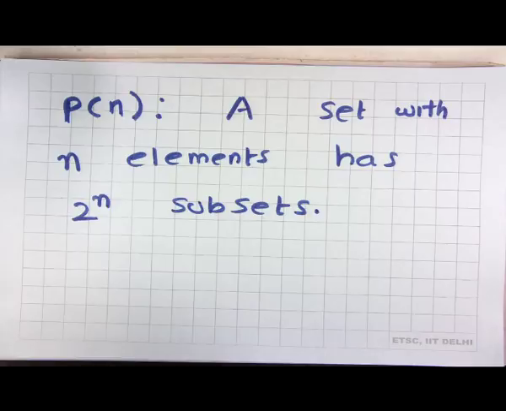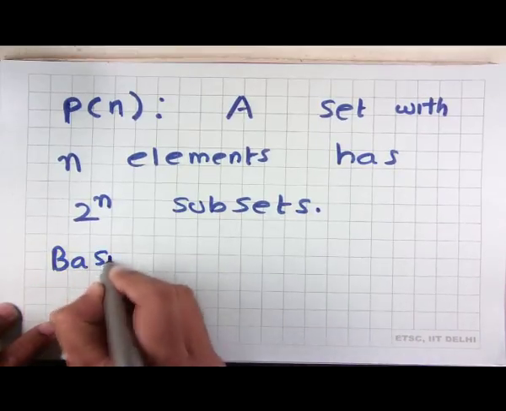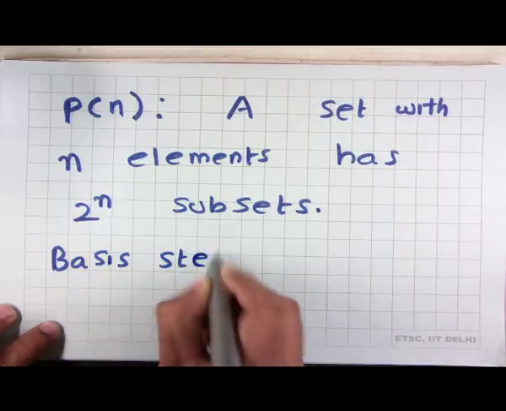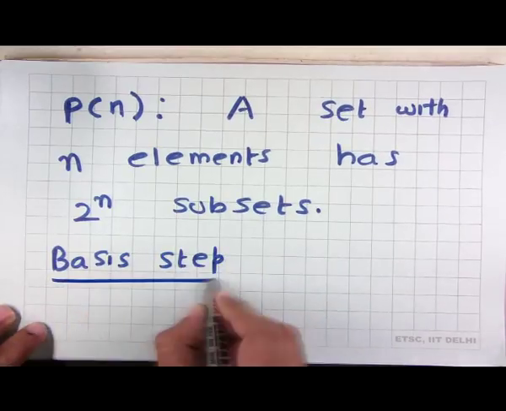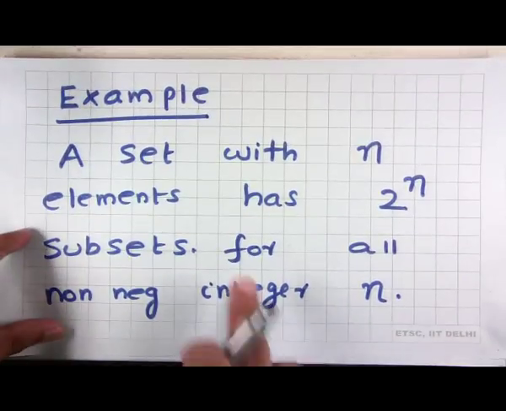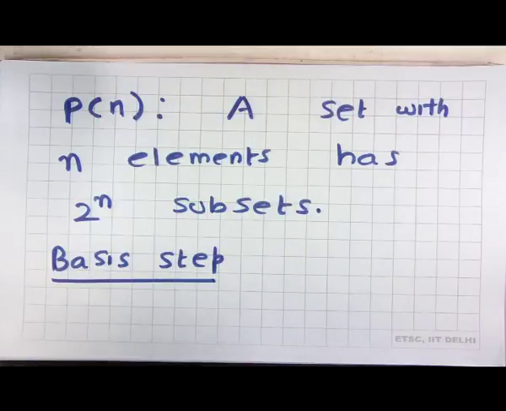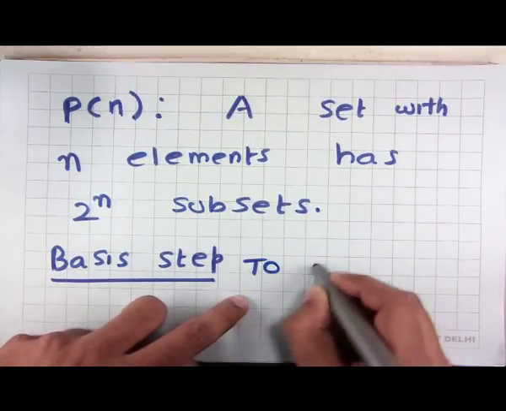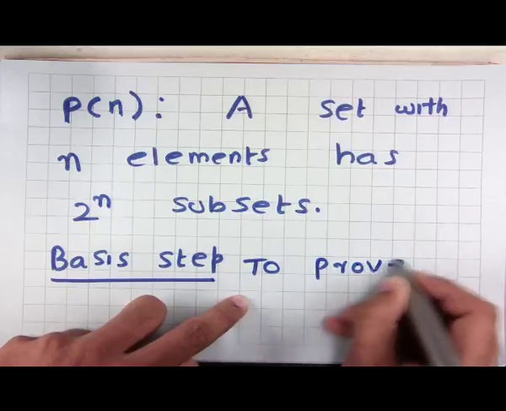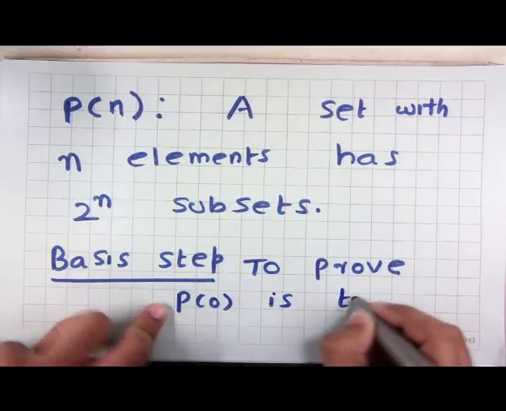Having formed the statement, let us proceed with the first step, the basis step, which requires us to prove P of 0. Why? Because the statement is for all non-negative integer n. We need to verify that P of 0 is true.